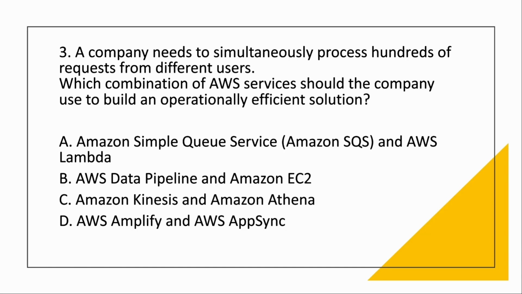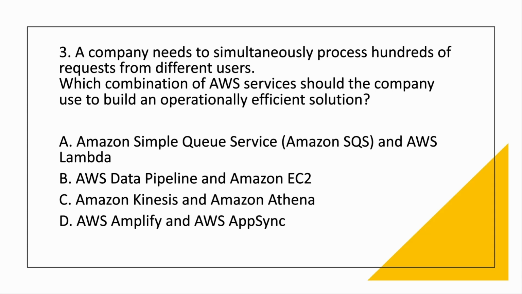Next, a company needs to simultaneously process hundreds of requests from different users. At a time, hundreds of requests are to be processed by different users, not a single user. Which combination of AWS services should the company use to build an operationally efficient solution? So this is highlighting distributing requests.